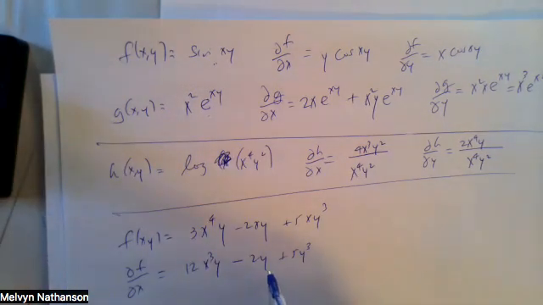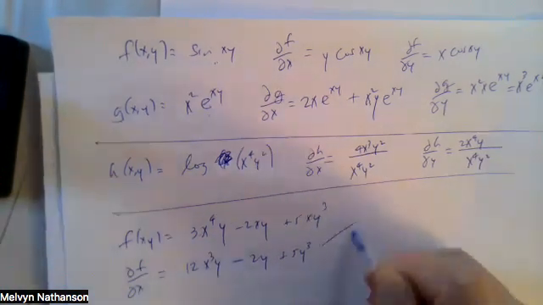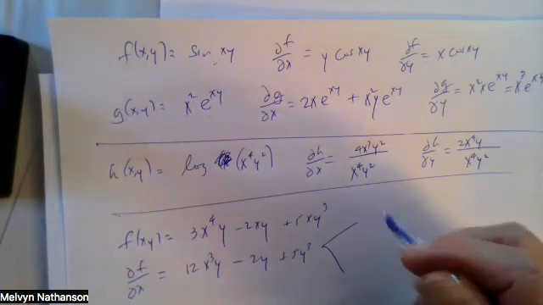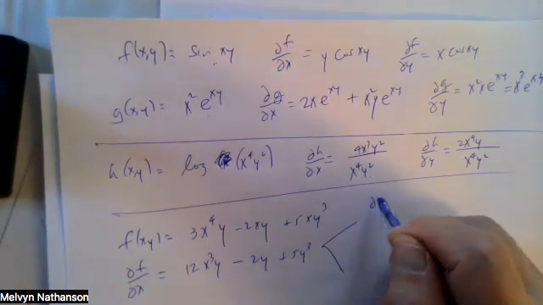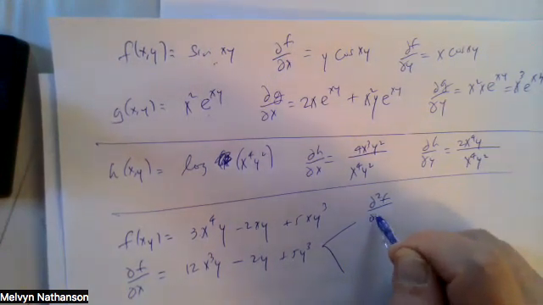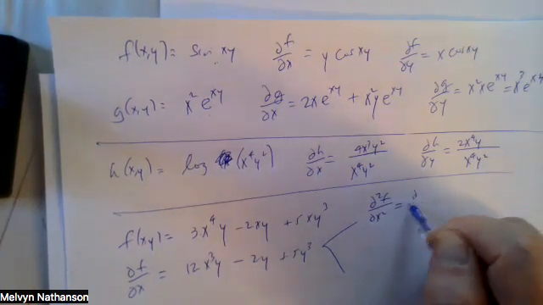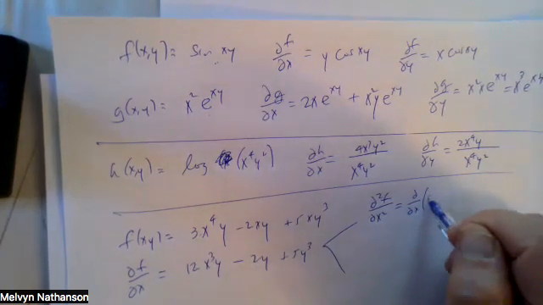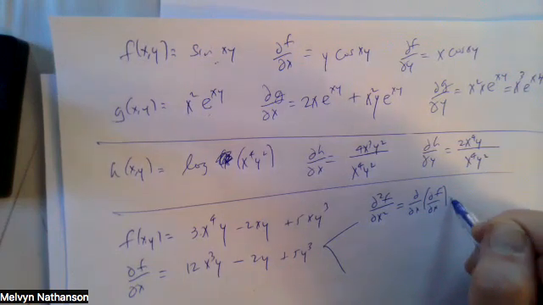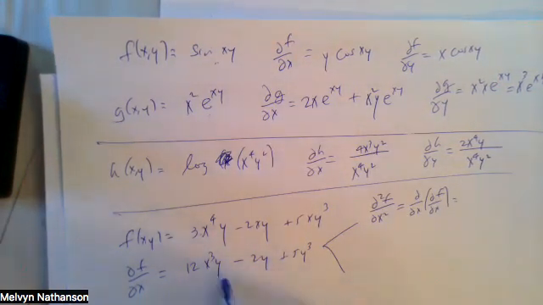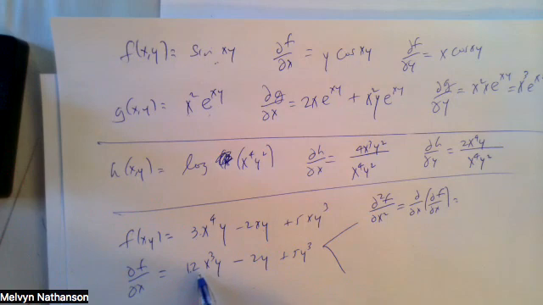But this is another function of x and y. So I could differentiate this, for example, with respect to x. So what is called the second partial derivative of f with respect to x, which means the derivative with respect to x of the derivative with respect to x. So I have to differentiate this with respect to x.